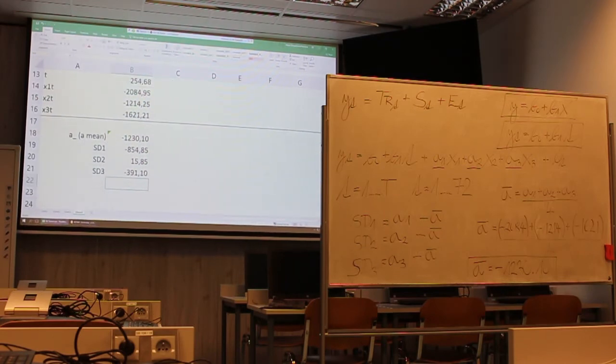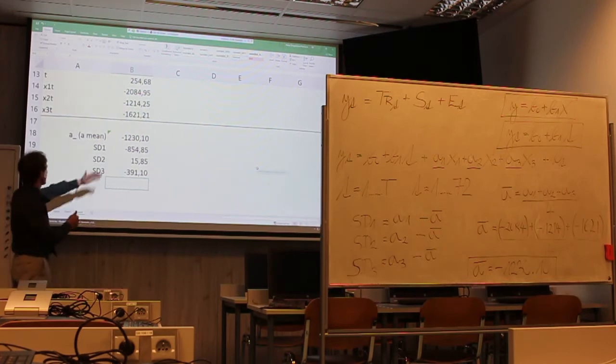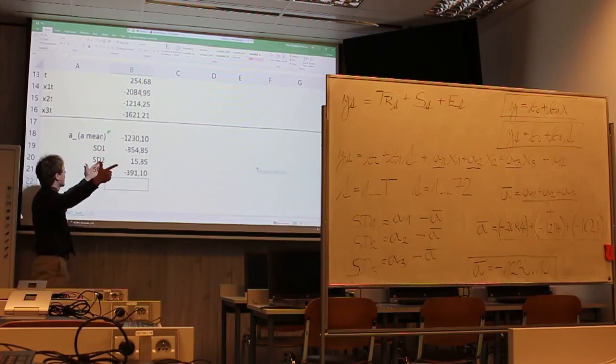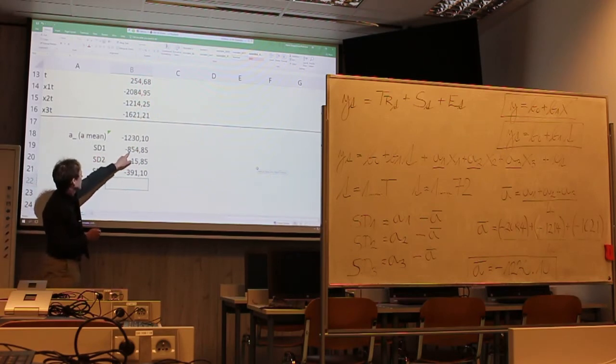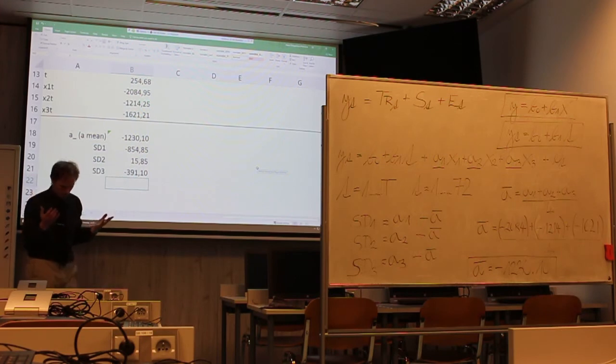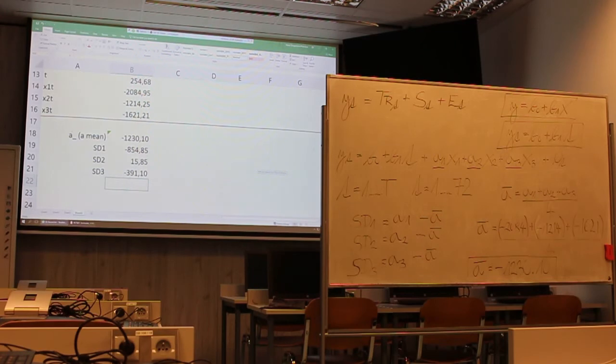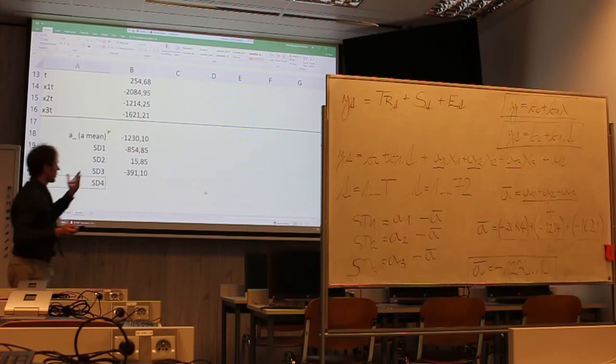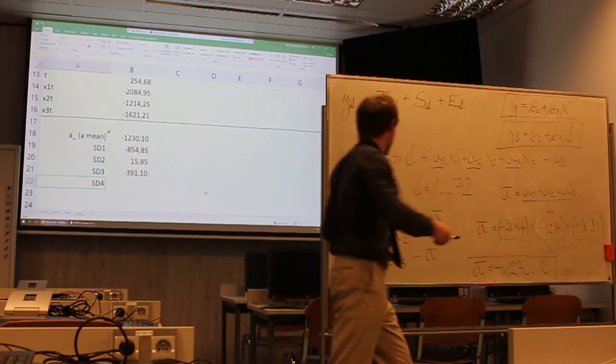So these are the seasonal factors for the first quarter, second quarter, and third quarter: minus 854 Czech crowns, 15.85 Czech crowns, and minus 391.10 Czech crowns. The interpretation is in crowns. And finally SD4, the omitted quarter, winter, was omitted.